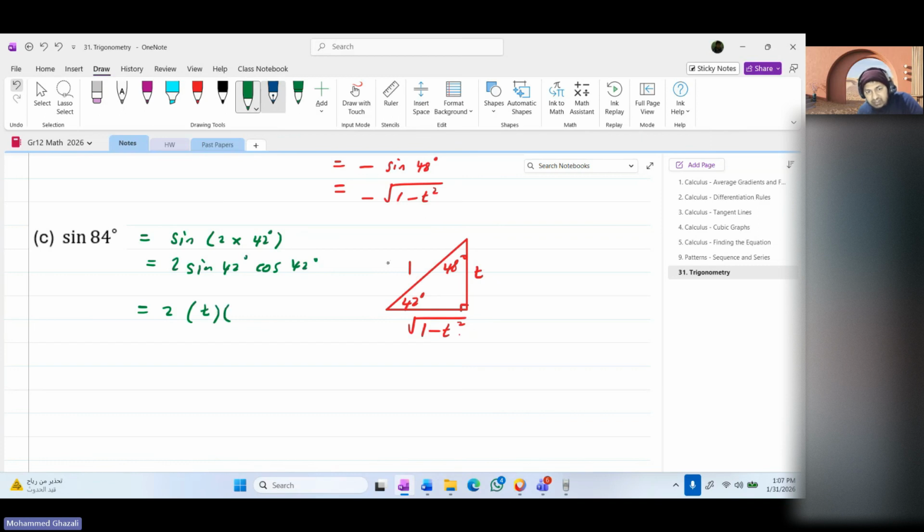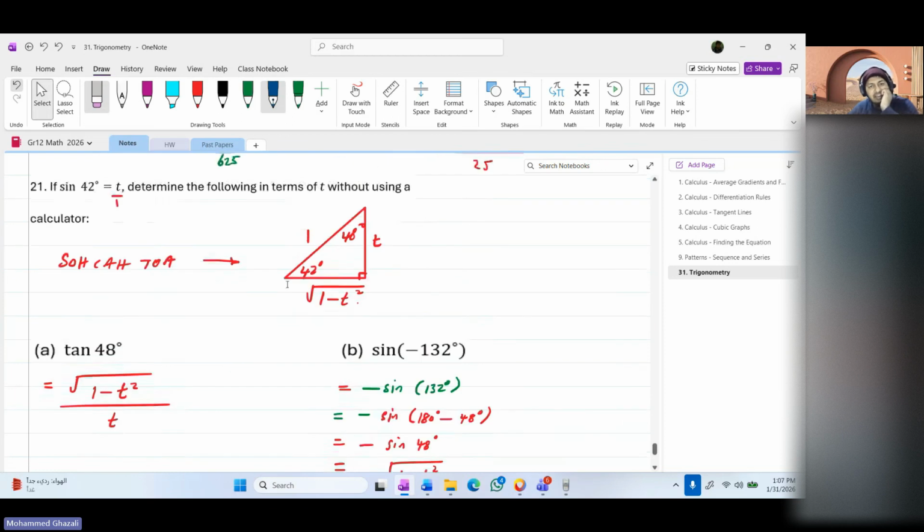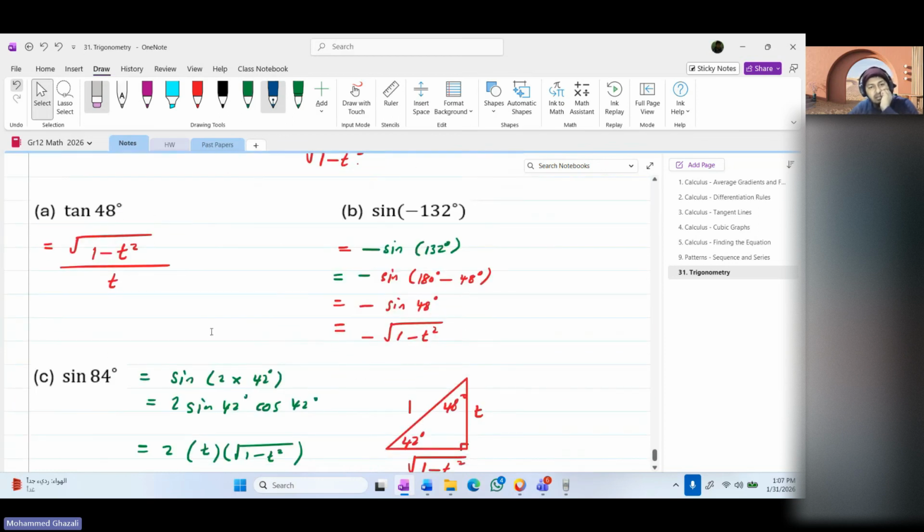And cos 42 is adjacent over hypotenuse, so that is just the square root of 1 minus t squared. Putting everything together is just 2t times the square root of 1 minus t squared. So obviously, if you can't find angles within the triangle, you've got to manipulate them in terms of double angles.